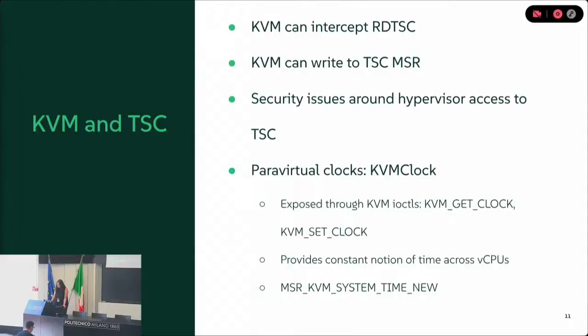But another thing that KVM has got is a paravirtual clock, KVM clock. It is exposed by the KVM ioctls, get clock and set clock. It provides a constant notion of time across vCPUs. And then it basically uses the KVM system time new MSR.